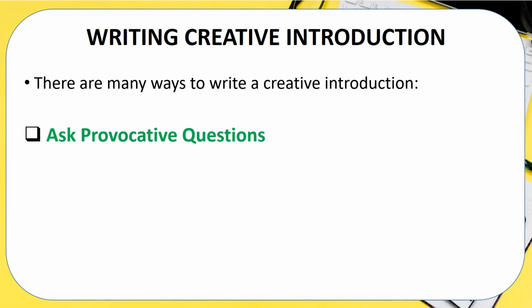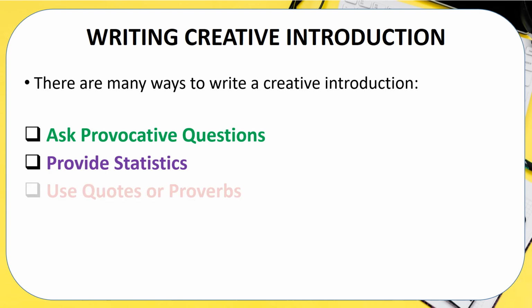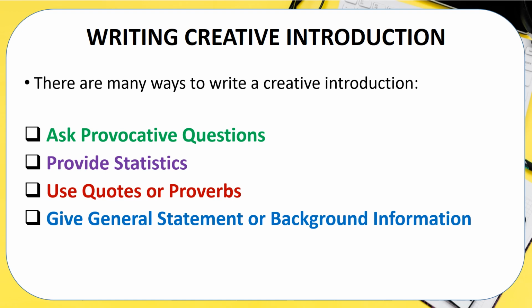So you can ask provocative questions, or you can provide statistics. You can give percentage, or basically you need to give statistic. And then you can also use quotes or proverbs. And you can also give general statement or background information such as definition or the history of something.